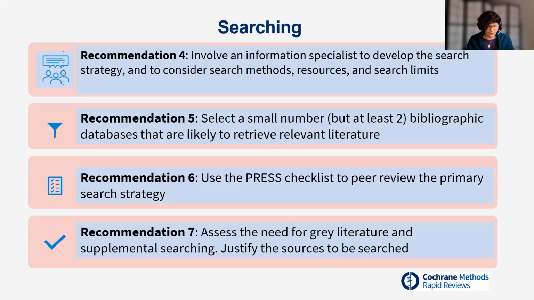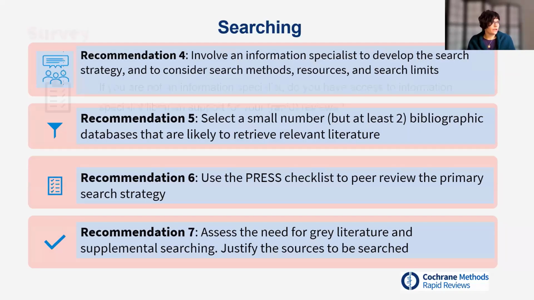But before I go on to talk about the search guidance, one of the recommendations here, which is not different from guidance on conducting systematic reviews, is that a review process should include an information specialist or medical librarian, something like that, an expert searcher.